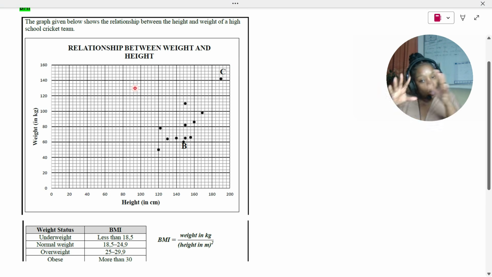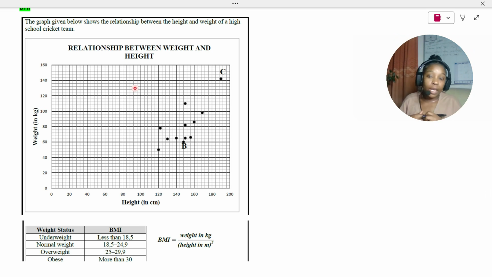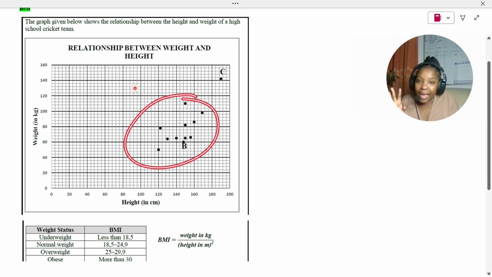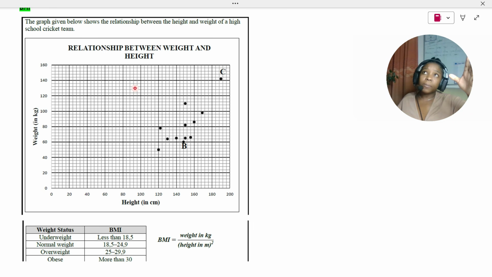So all those points together, and that one point there, that is an outlier. It's way different. The values for that point differ tremendously from the other ones. It's moving on its own path.